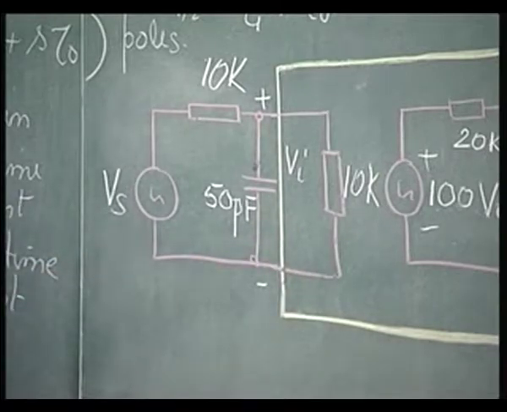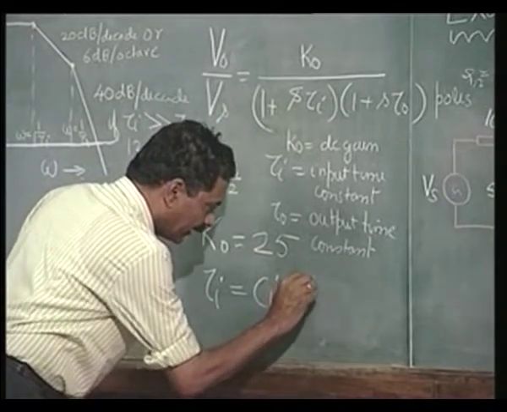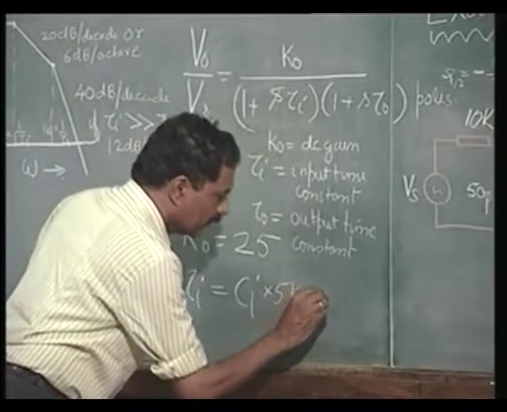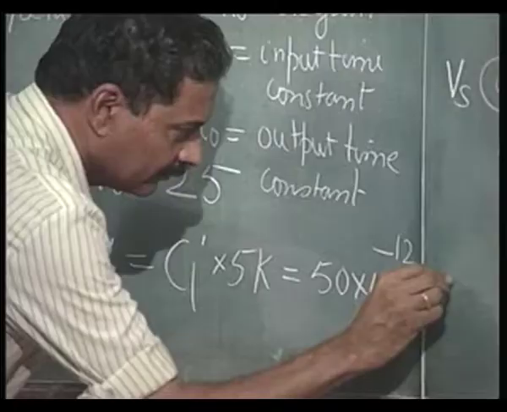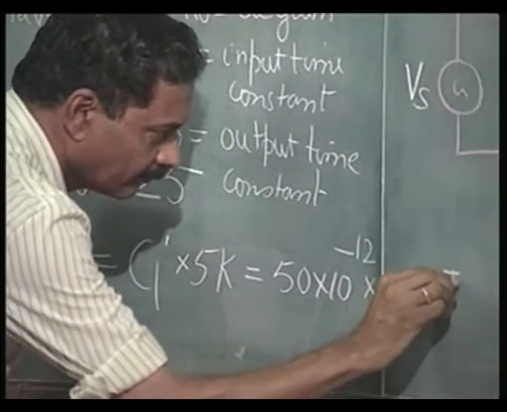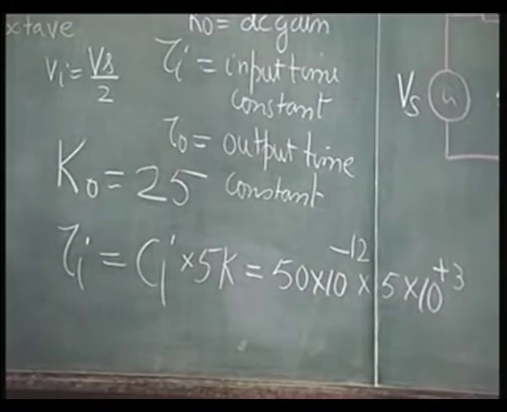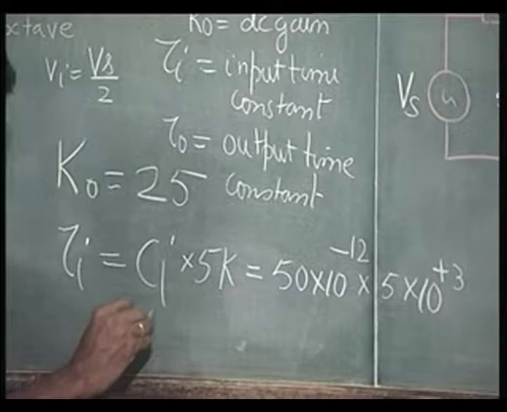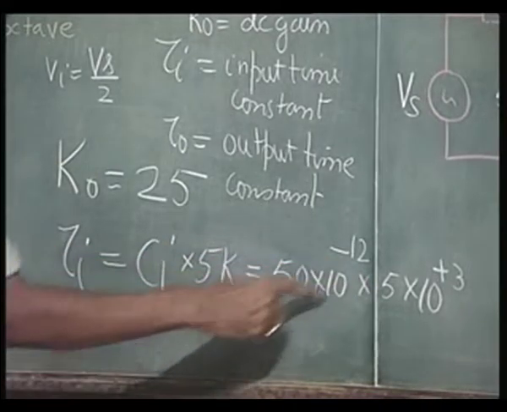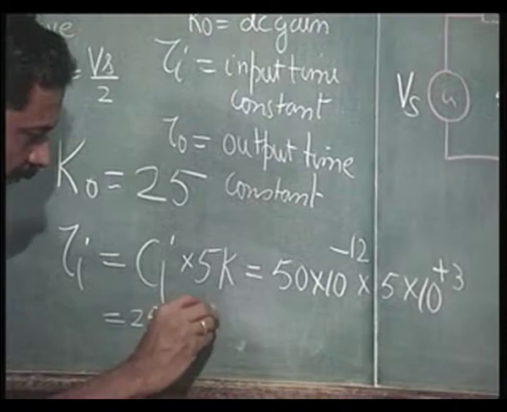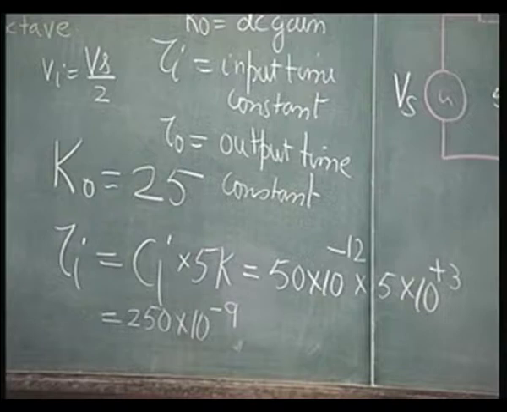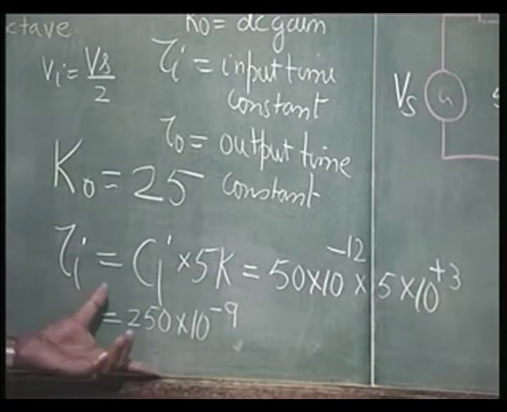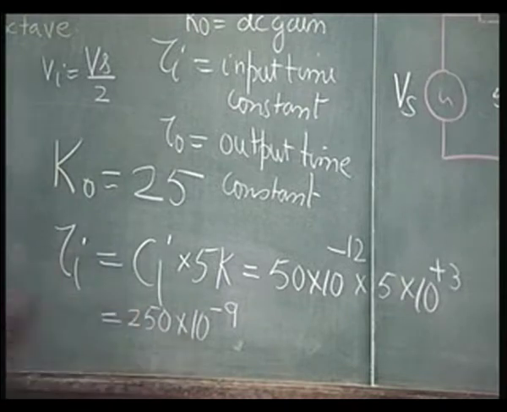So, you have Ci into 5k, which is 50 picofarads into 5k, which is nothing but 250 into 10 to the power minus 9, or 250 nanoseconds. That is the time constant of the input. So, tau I is known.